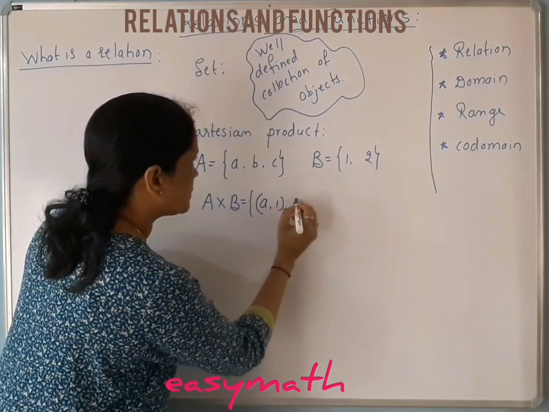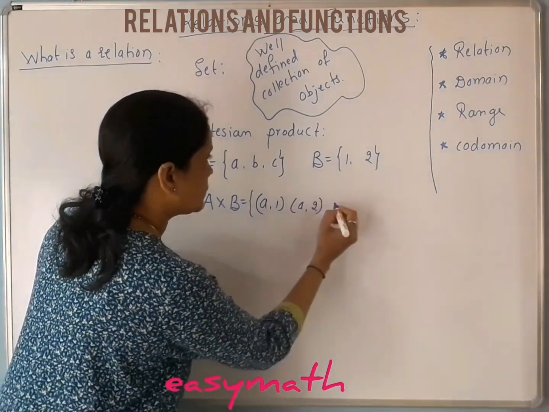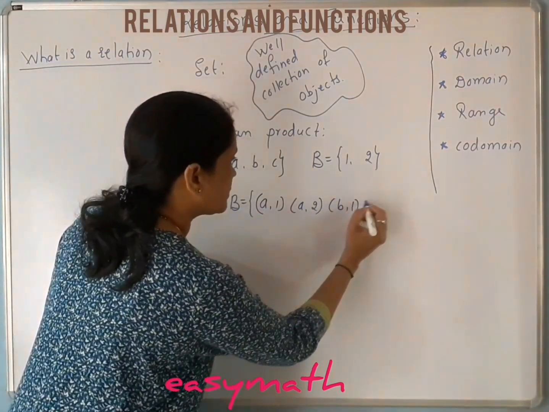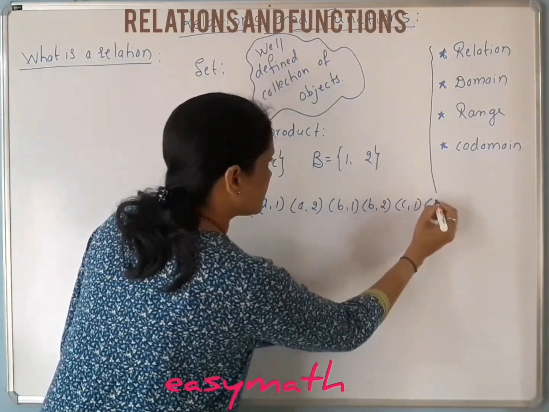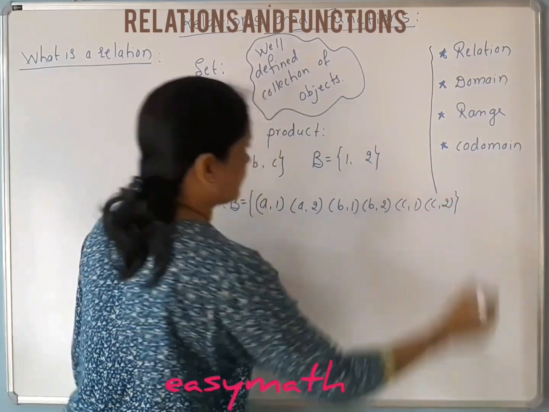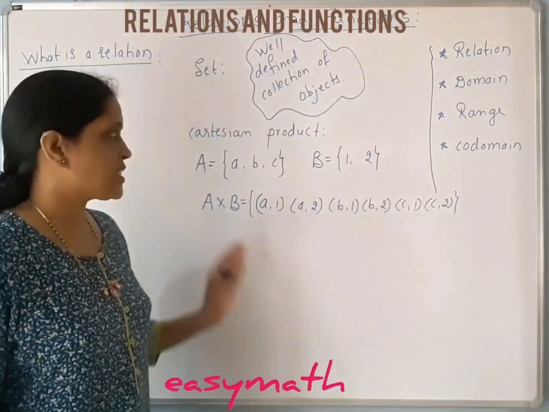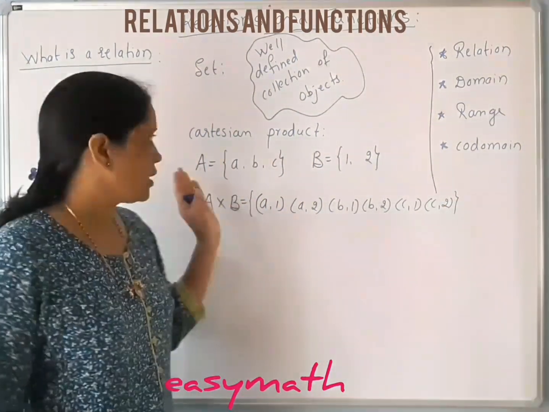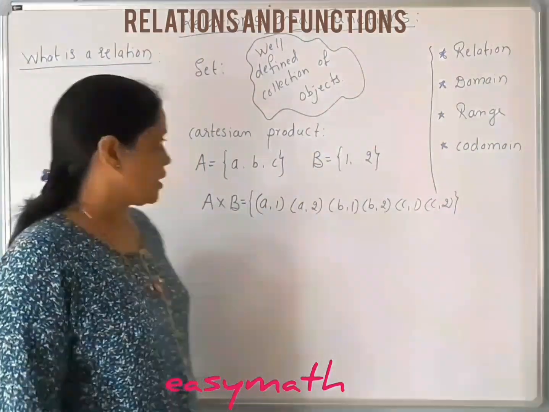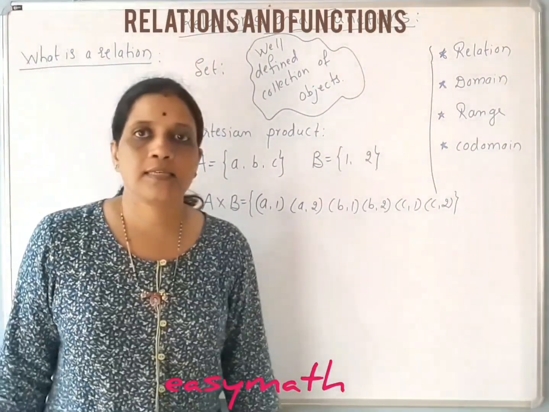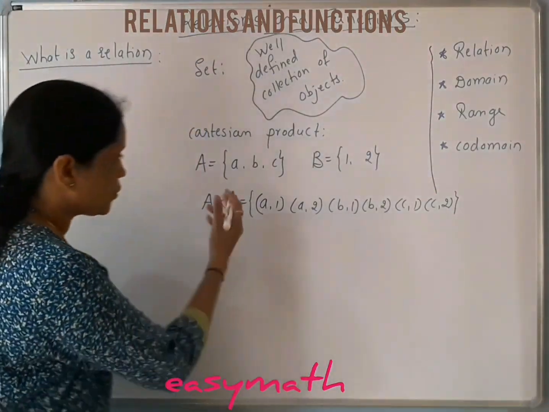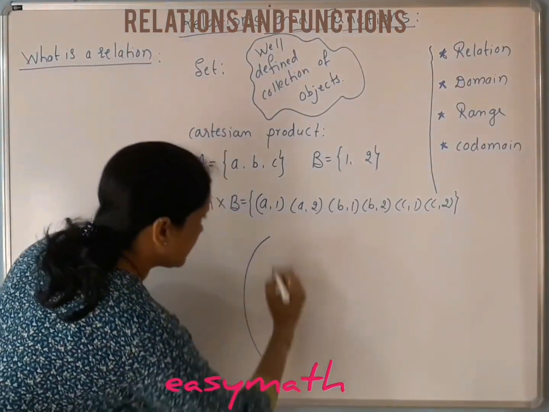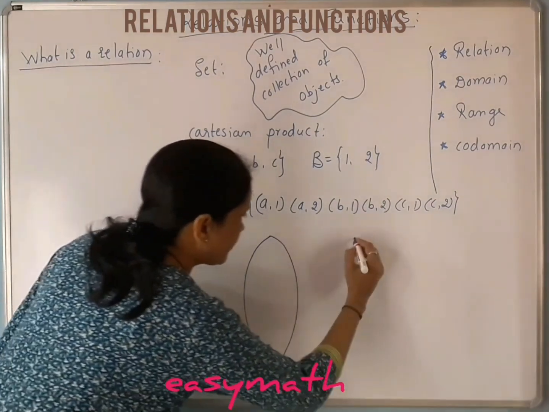That is (a,1), (a,2), (b,1), (b,2), (c,1), (c,2). These are all the possible ordered pairs of A and B. So Cartesian product is nothing but a connection between two sets. We can show this by using arrow diagrams also.